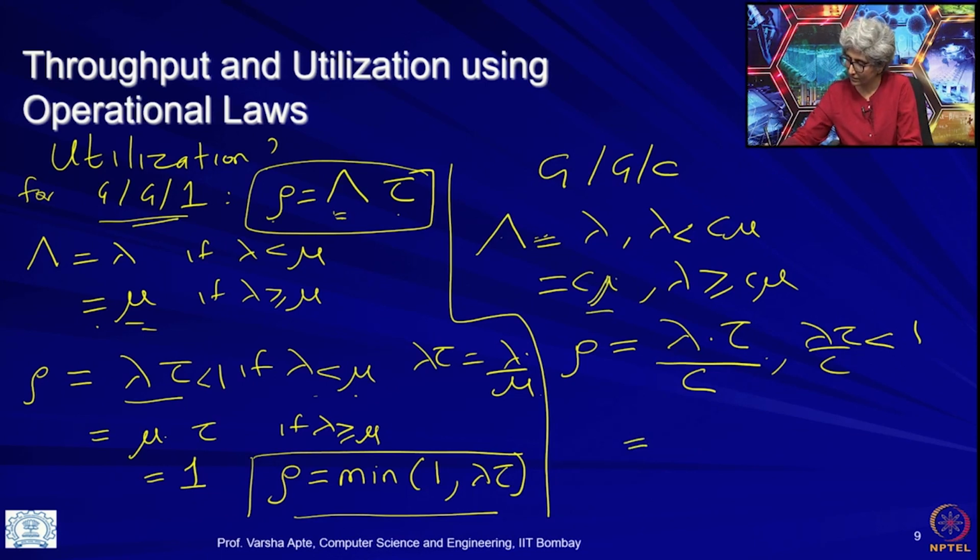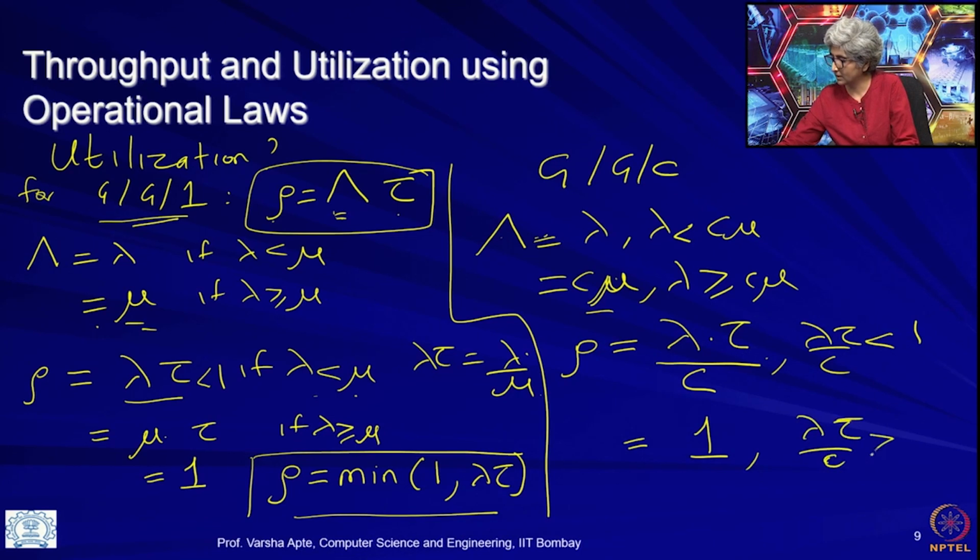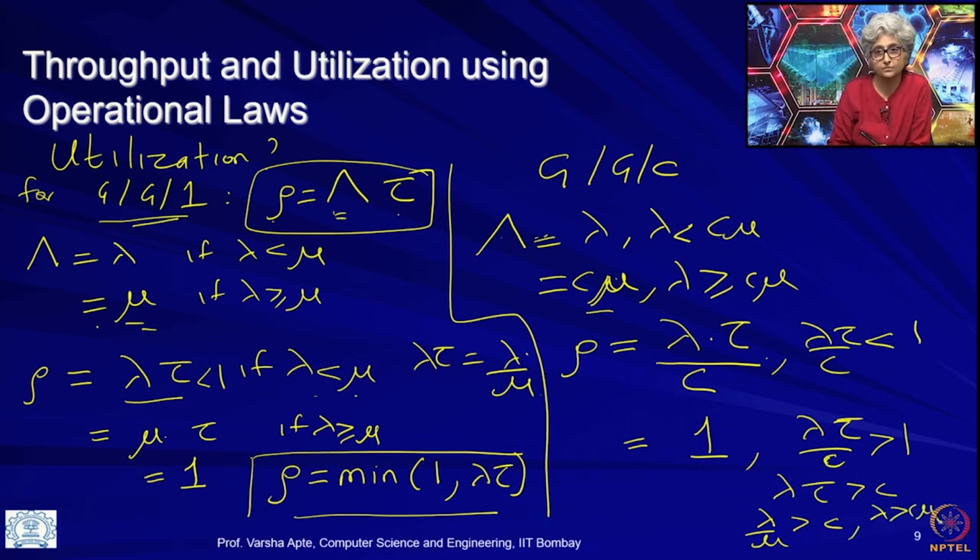When you are getting more work, and all of them are getting more work, it is going to be 1, that is when lambda tau by C is greater than 1. This happens when lambda tau is greater than C, which means lambda is greater than C mu. That was the condition here, greater than or equal to.